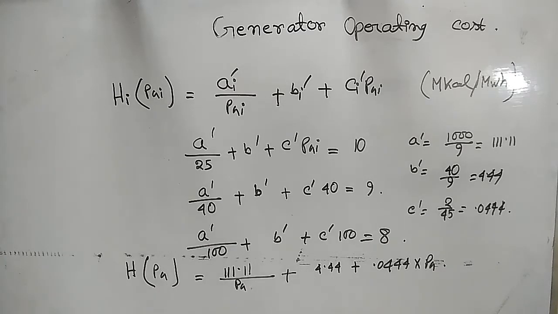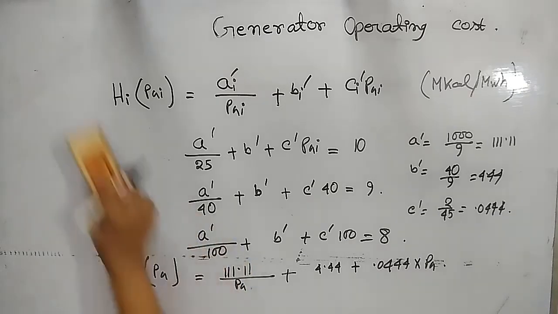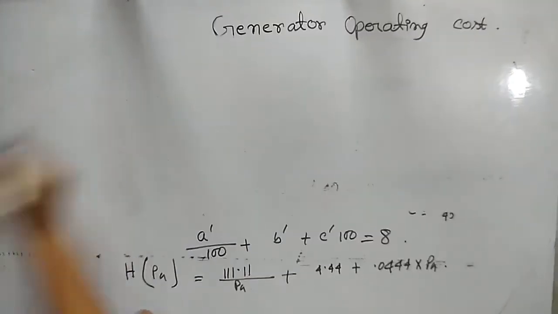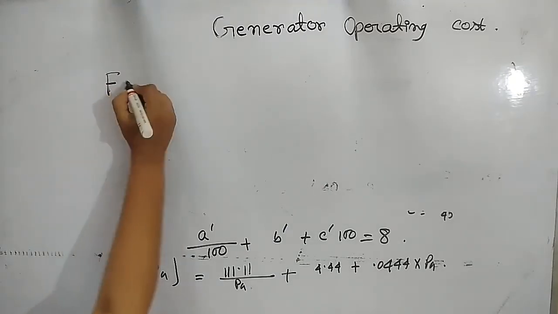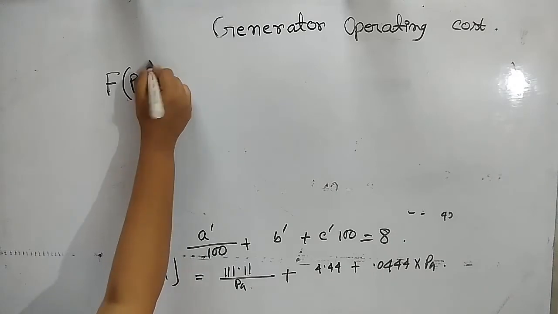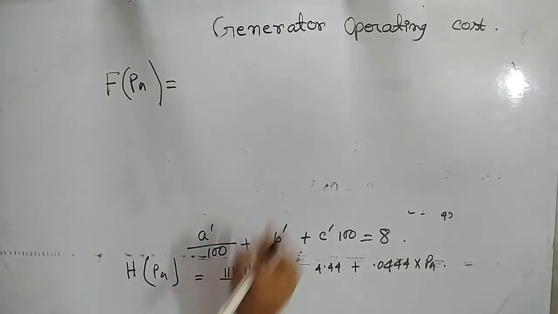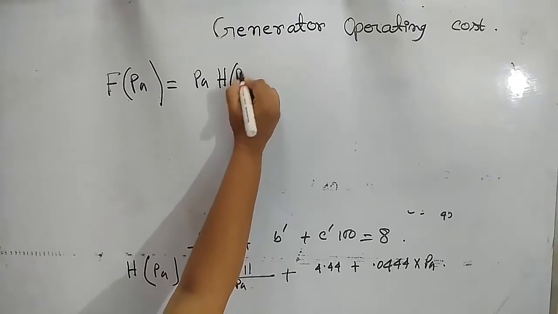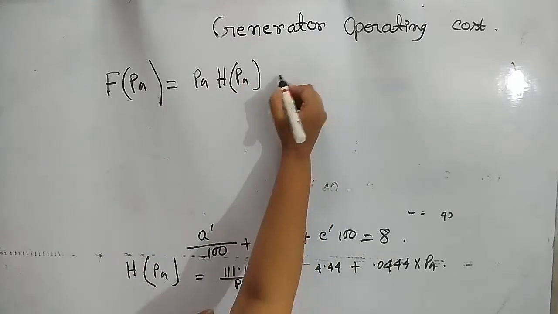Now multiplying by PG, we get the fuel input rate. As we already discussed, by multiplying the heat rate by PG, we get the input fuel. So FPG, for a particular unit, is equals to PG into H, which is a function of PG.